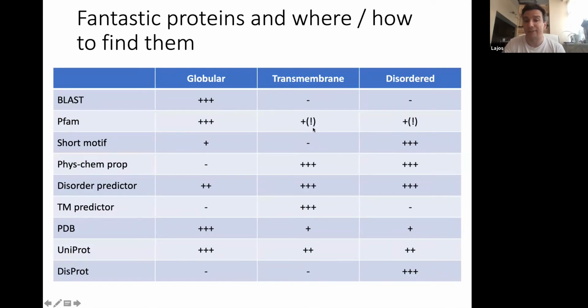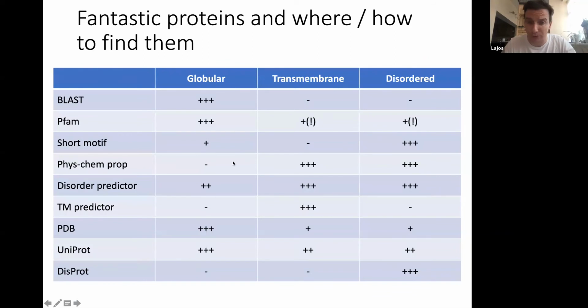You will get predictions in Pfam for transmembrane and disordered regions as well, but you have to know that these are all computer predictions, and they are way less reliable than the globular predictions.